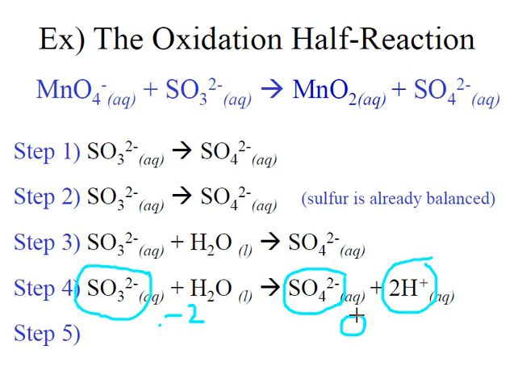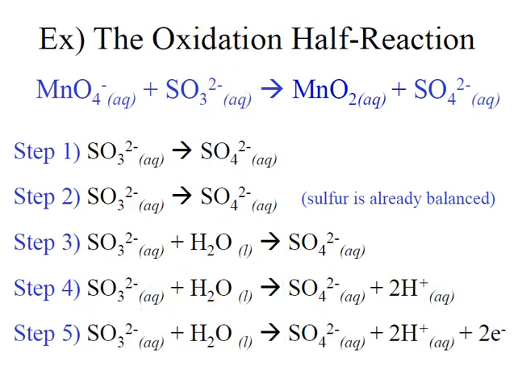So we need to take the higher side and move it down to the lower one by adding electrons. So 0 is higher than -2, so we're going to add electrons on the product side. We need 2 of them to bring 0 down equal to the reactants, which is -2. So I have 2 electrons on the product side. And there's our oxidation half. Now it makes sense that the electrons are products because oxidation is losing them.